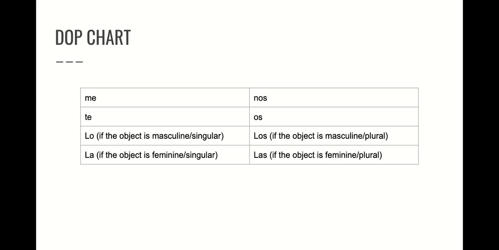Anything feminine and singular, you replace with la. Anything masculine and plural, so say los calcetines, you just replace with los. So this is pretty easy because it's whatever the definite article is, except for el, which is lo. Again, if it was like las marcadoras, you're going to replace that with las.